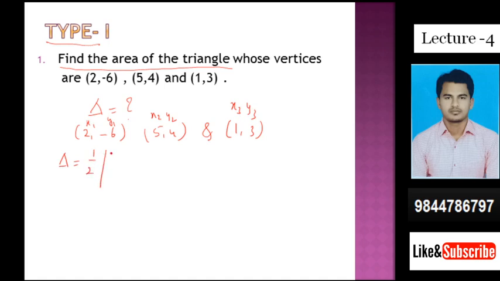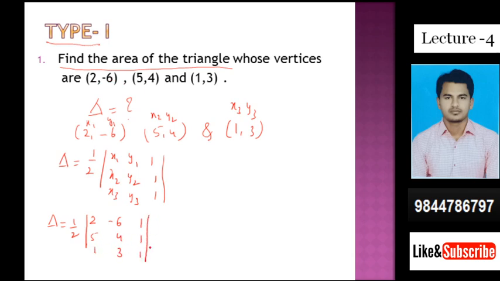Determinant of x1 y1 1, x2 y2 1, x3 y3 1. This delta is equal to half into determinant of, what is the value of x1? 2, minus 6, 1. Just write here 2 minus 6 1. Similarly 5 4 1. Similarly 1 3 1.